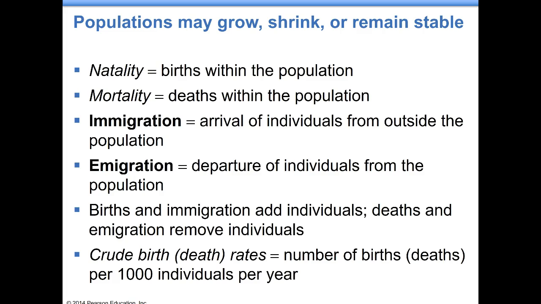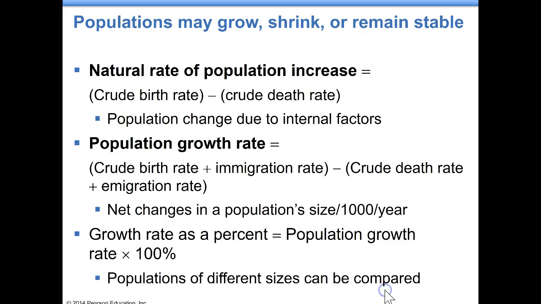This is roughly the number of births or deaths that we have per 1,000 individuals every year. So we're looking at a group of 1,000 individuals, and how many of them are going to be giving birth, and how many of those 1,000 are going to be dying. These are other ways that we can look at population growth.